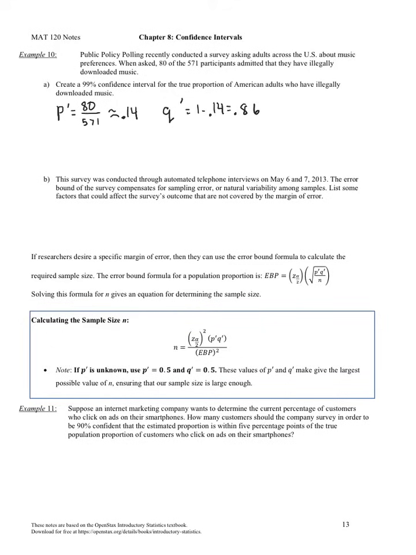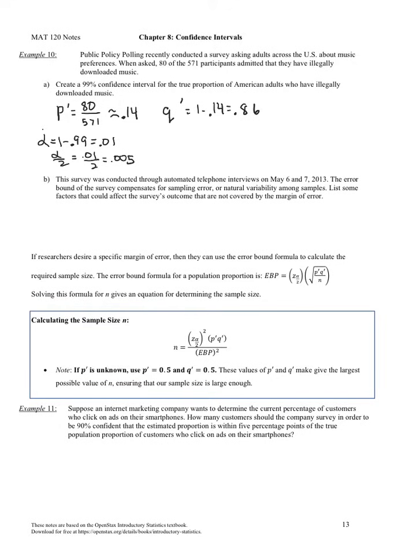We know our confidence level is 99%, so our alpha will be 1 minus 99%, and our alpha over 2 will be 0.005. So I'm doing this by hand, but notice how much faster it is to use our calculator.